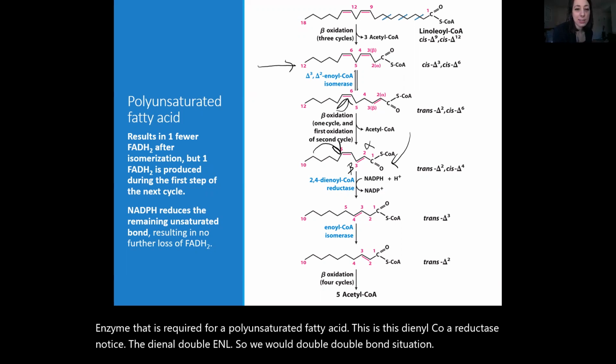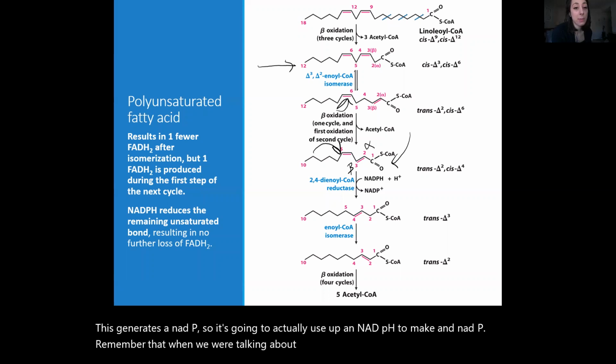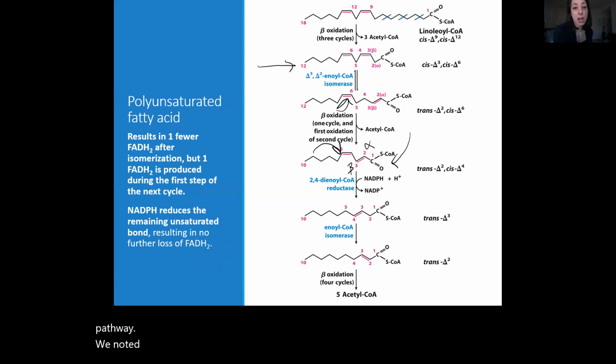This generates a NADP+. So it's going to actually use up an NADPH to make an NADP+. Remember that when we were talking about the pentose phosphate pathway, the PPP pathway, we noted the generation of NADPH can be used during lipid synthesis and breakdown.